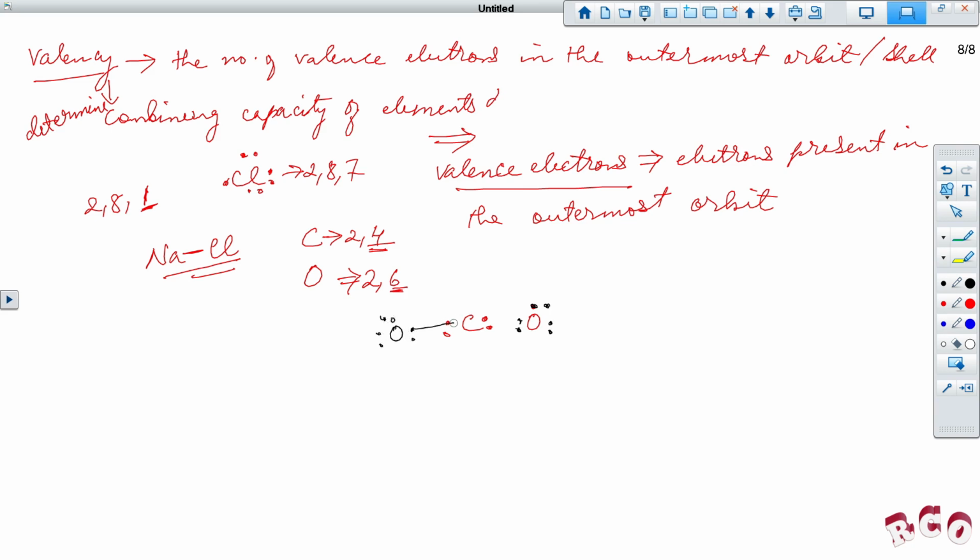Carbon has 4 electrons in the outermost orbit, so it will form 4 bonds. By knowing the valence electrons, we can tell how many bonds form. Oxygen has 6 electrons, so to become 8, it needs 2 more. So each oxygen atom forms 2 bonds with other atoms. So this is about valency in brief.